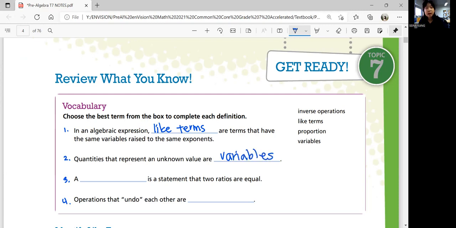Number 5, a blank is a statement that 2 ratios are equal. So 2/4 is equal to 1/2. These are ratios. It's a proportion. And the last one, operations that undo each other are called inverse operations.